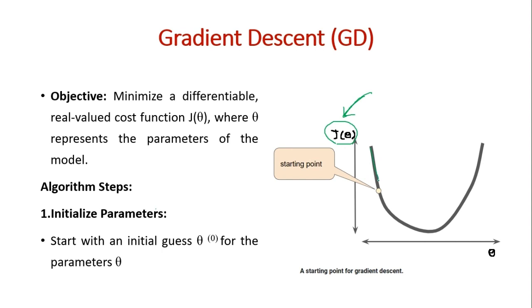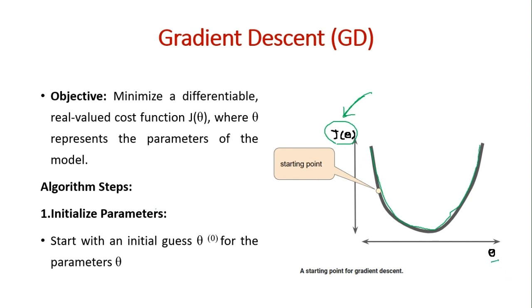This is the plot of j of theta for different values of theta. This particular curve gives the plot between theta and j of theta.